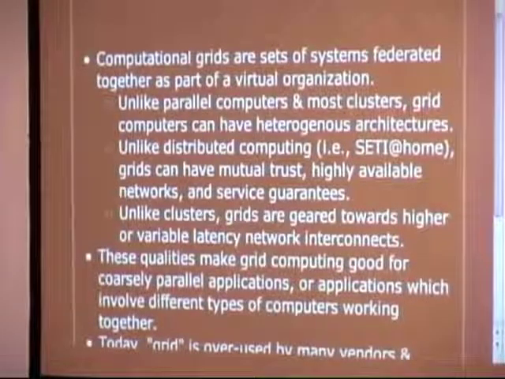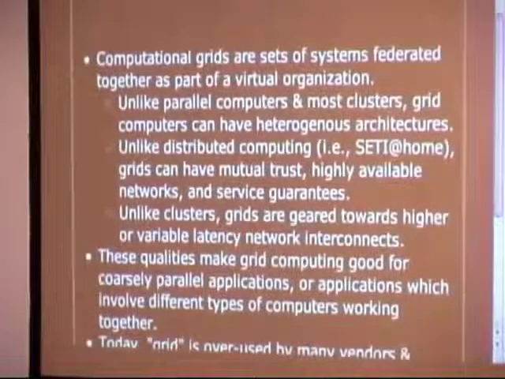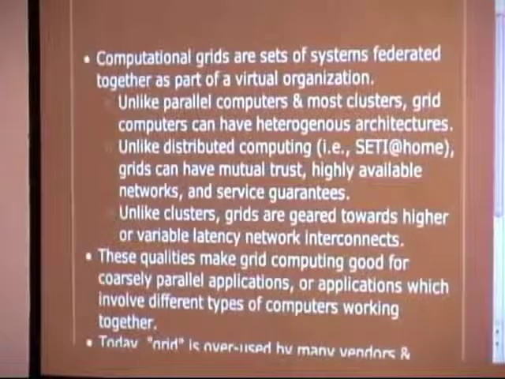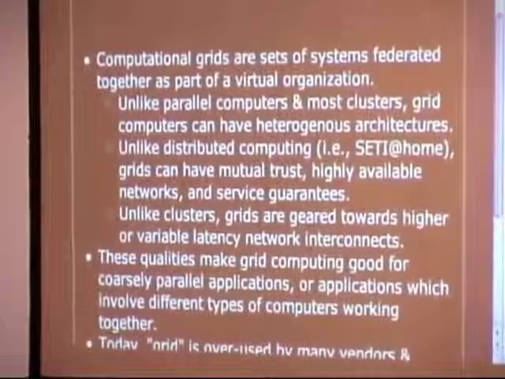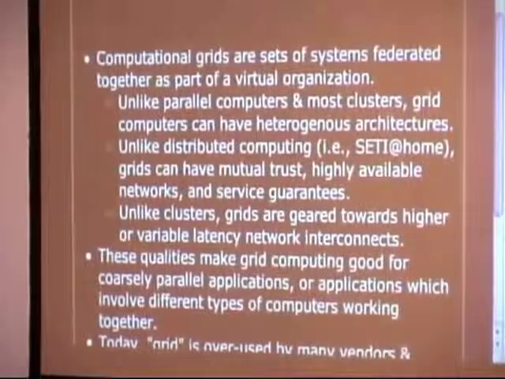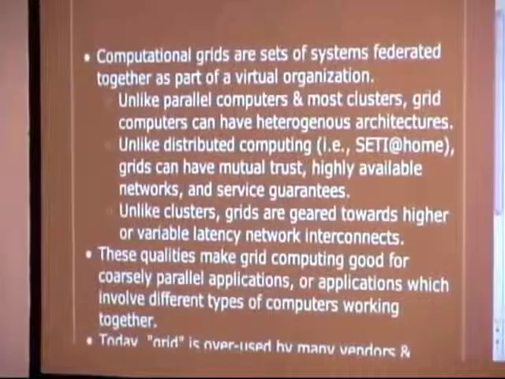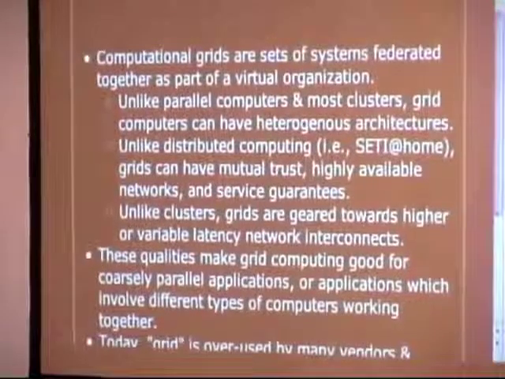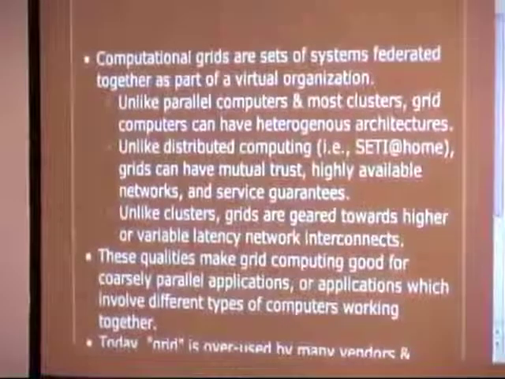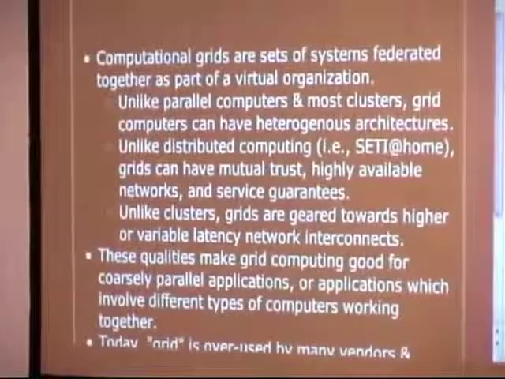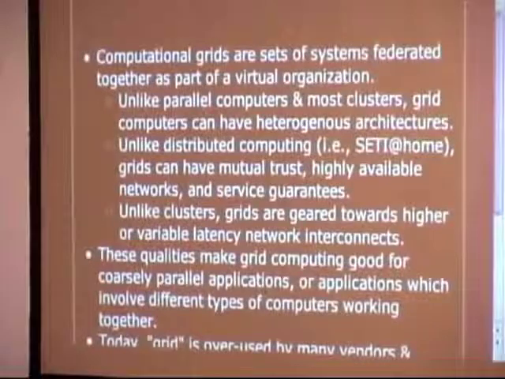What that means is that you're going to look at problems that don't require a whole lot of communication. Say you have a shared memory problem where you need to get data from one processor to the next processor to the next. That would be your typical massively parallel computing environment, shared memory, where you have very low-latency access to communicate or transfer data from one node to the other.